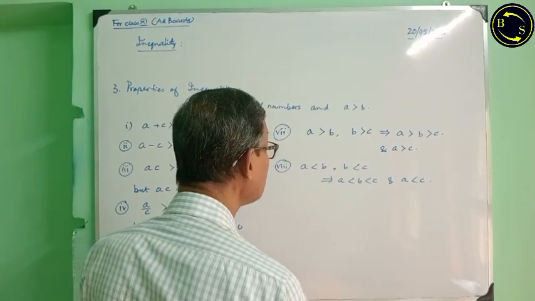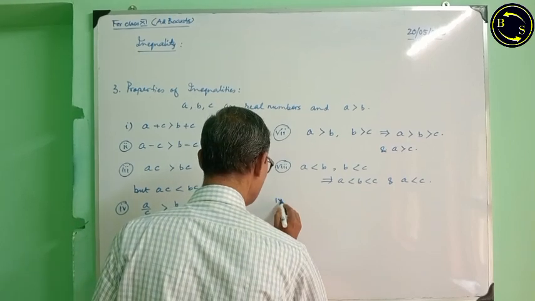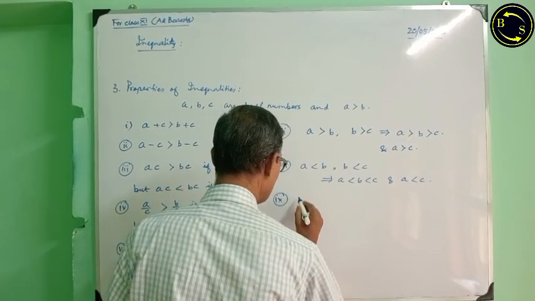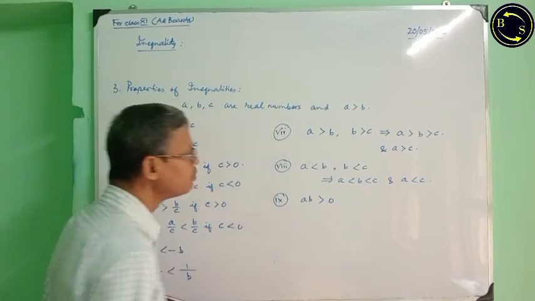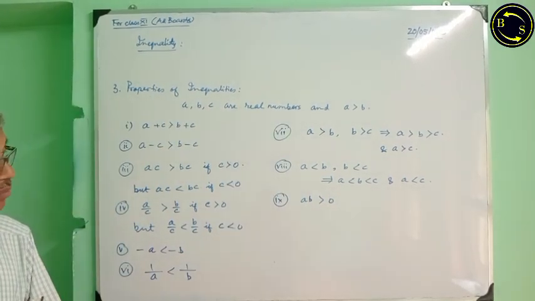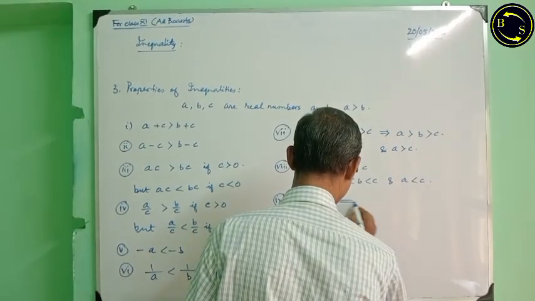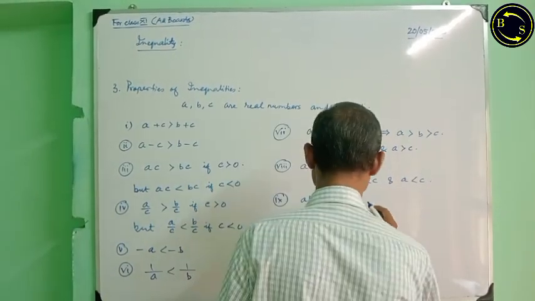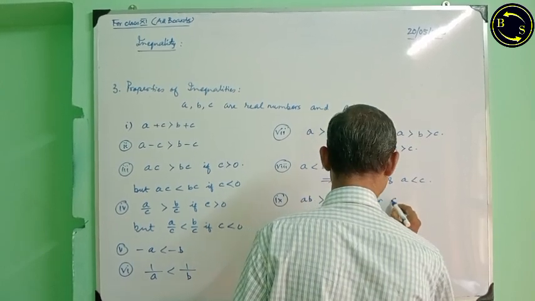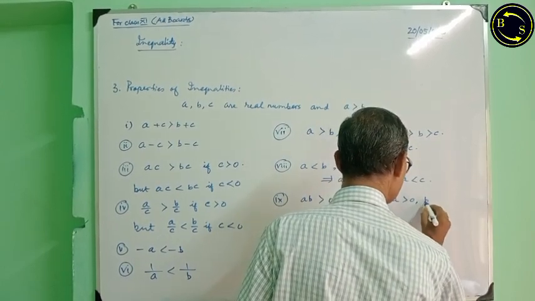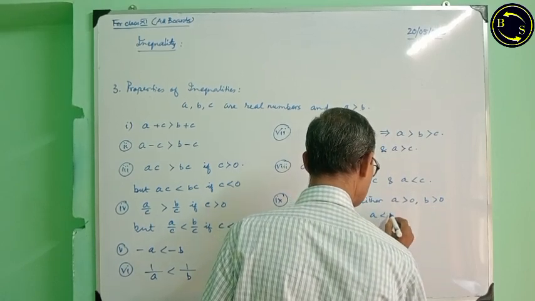Then an important property. If the product of two numbers is positive, then either A positive and B positive, or both negative.